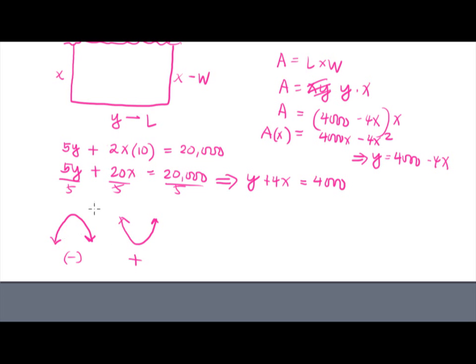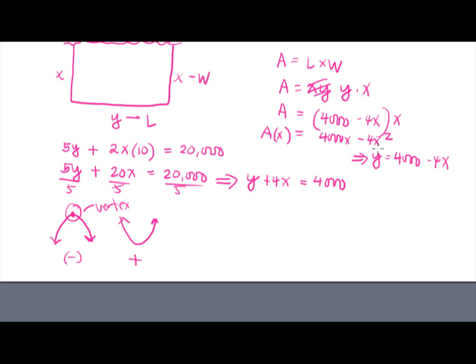As you can see, in this parabola there is a maximum point. So if A of x equals 4,000x minus 4x squared has this graph, then we are looking for that x that will give us this point. Recall that this point is actually the vertex of the parabola.